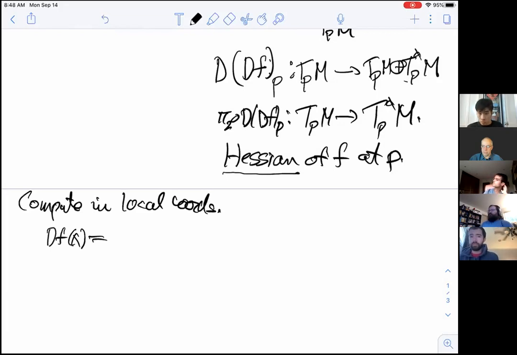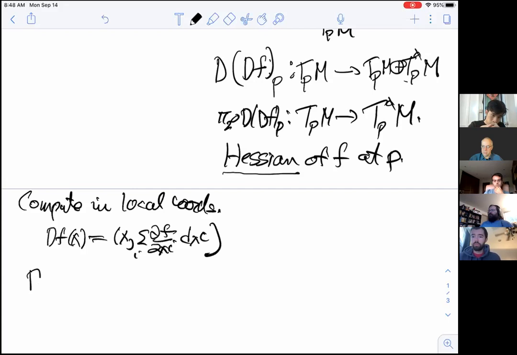And so df at x will be given by x and the partial of f with respect to xi, dxi, summed over i. That's the formula for df in these local coordinates.